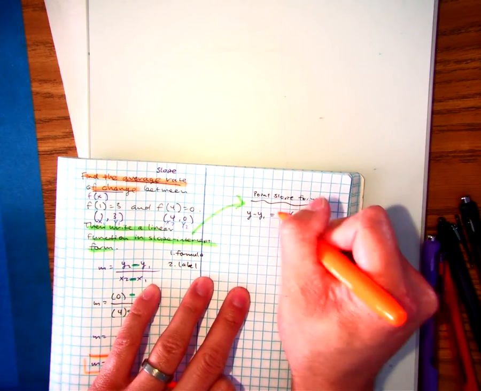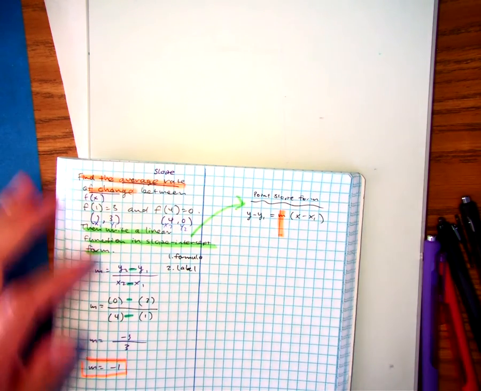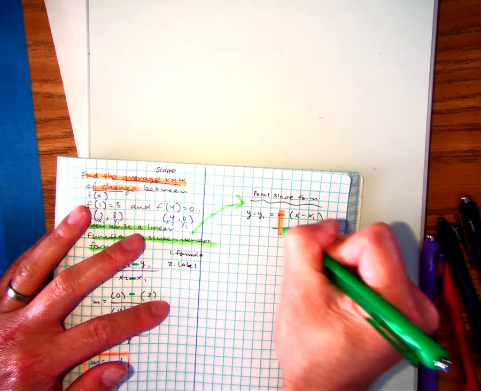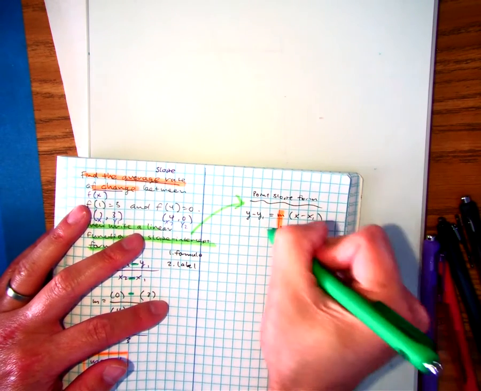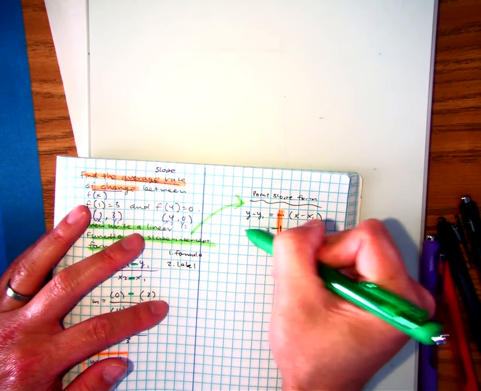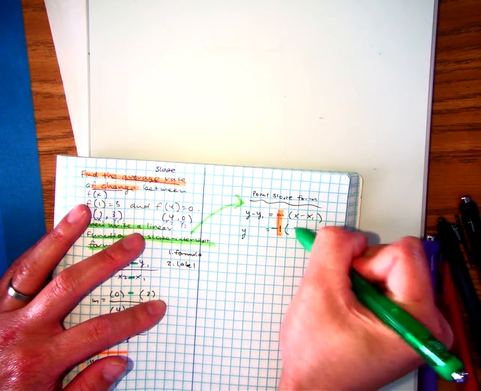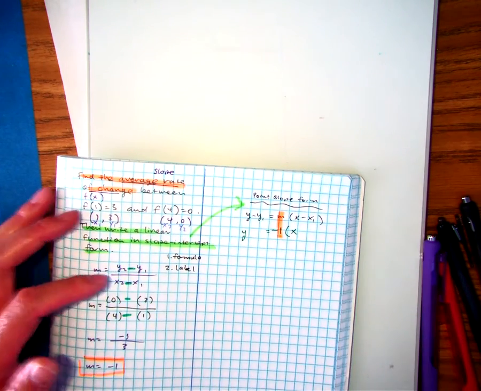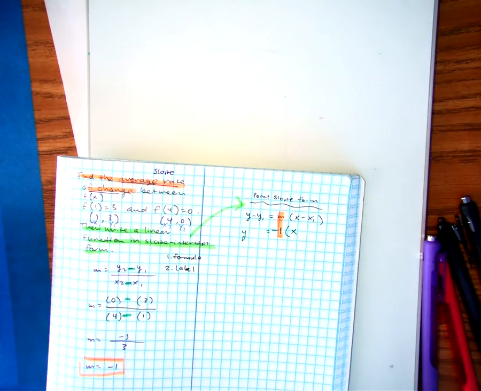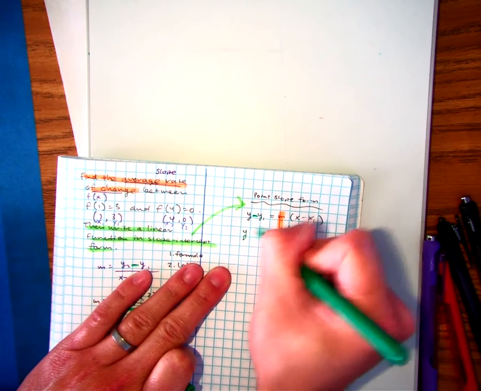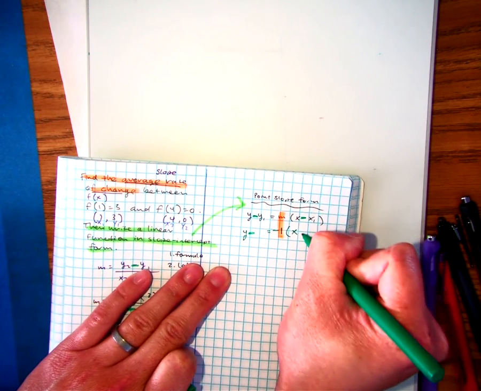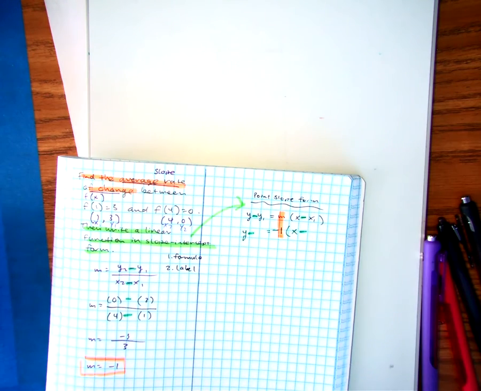Negative 1. Now, this y value doesn't have a sub number on it. Just basically means you write it. There's the tricky little negative sign. I'm going to go ahead and just write that down there so we don't make any mistakes.